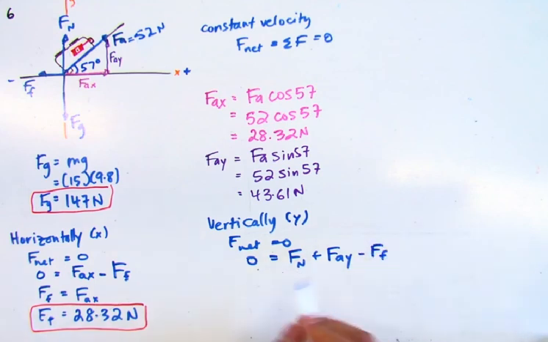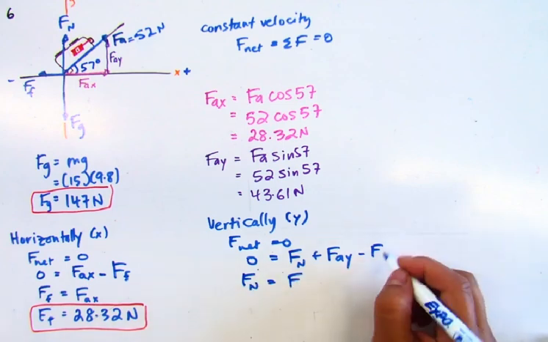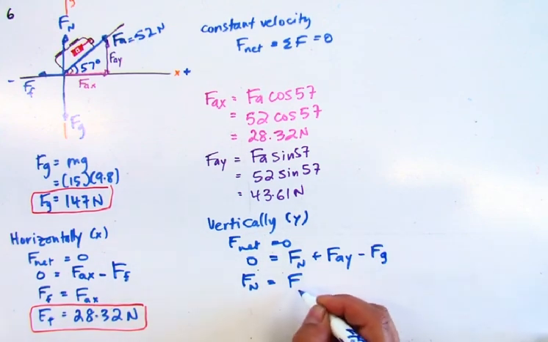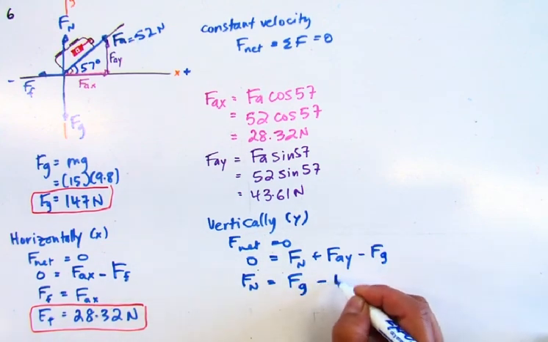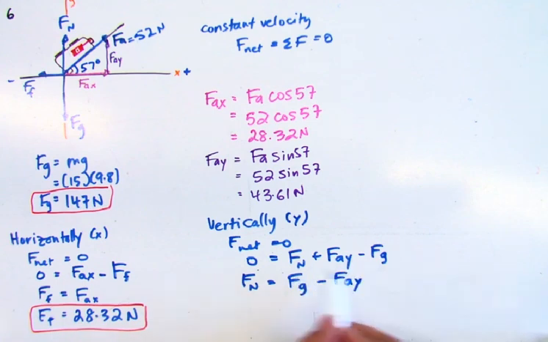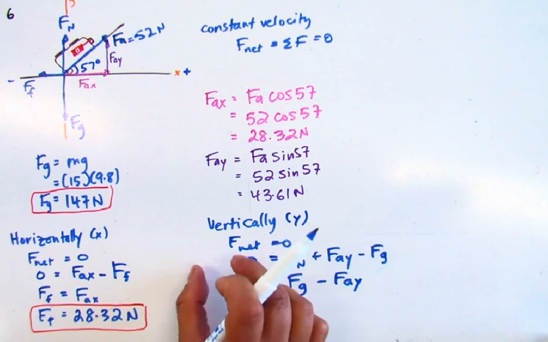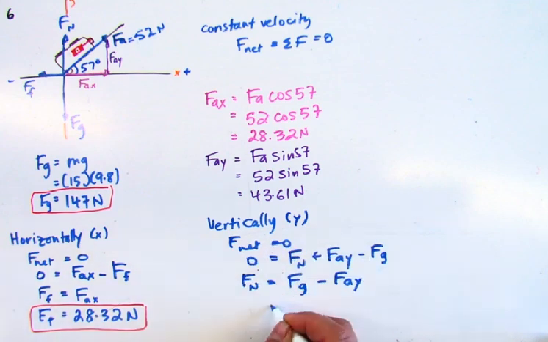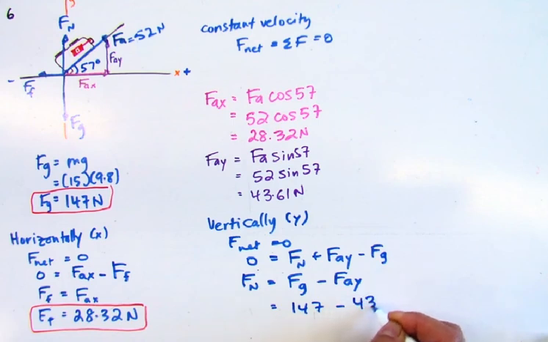The only unknown here is Fn, so we can say Fn is equal to Fg minus Fay. Let me rearrange this to get that. If I bring these two over to the other side, I get Fg minus Fay. And I can just do the math on this. This becomes 147 minus 43.61. So we get Fn is equal to, I think it works out to 103.4 newtons. And that is our last force.